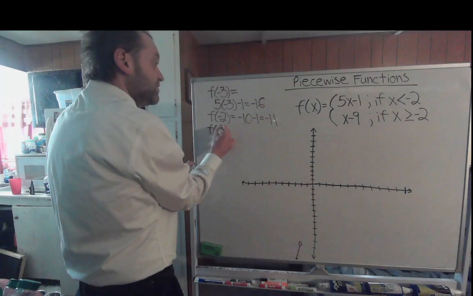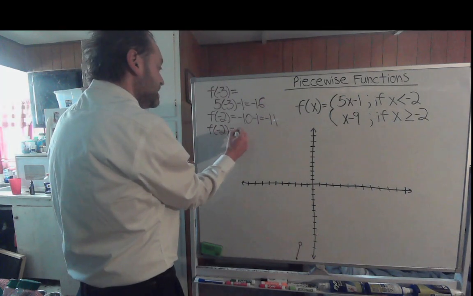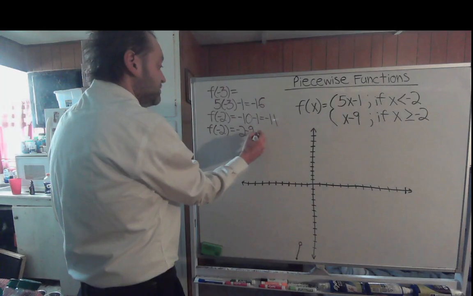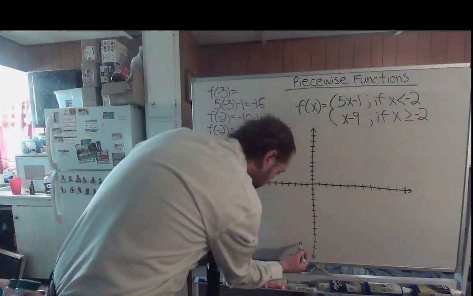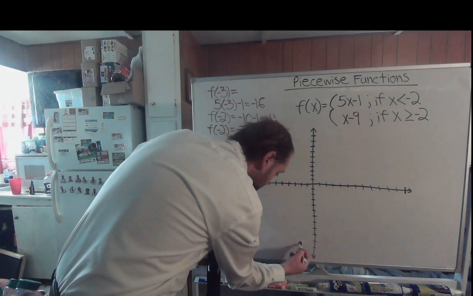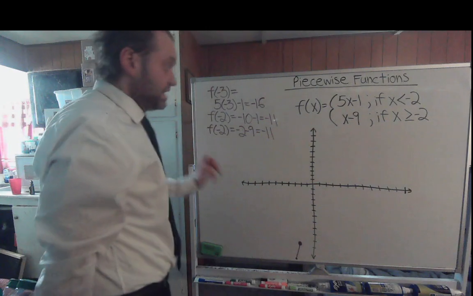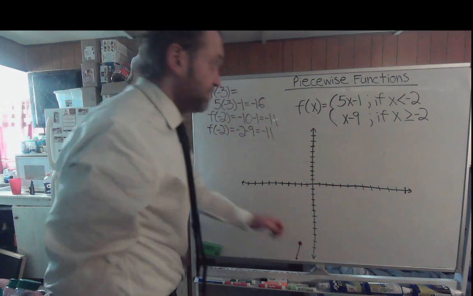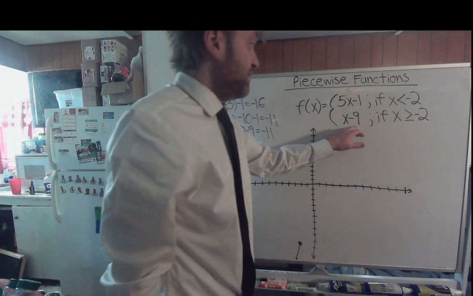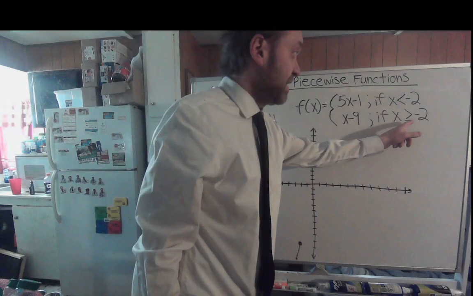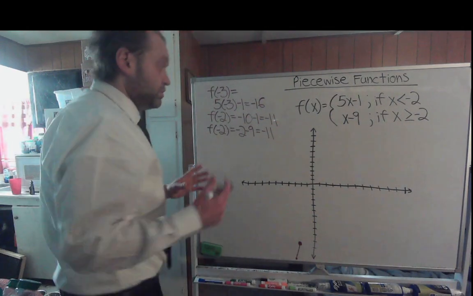Put in negative 2 for x minus 9, and that would also give you negative 11. In this case, we can go ahead and color in the dot now, since it is defined at negative 2, negative 11, since negative 2 is defined for x minus 9 if x is greater than or equal to negative 2.